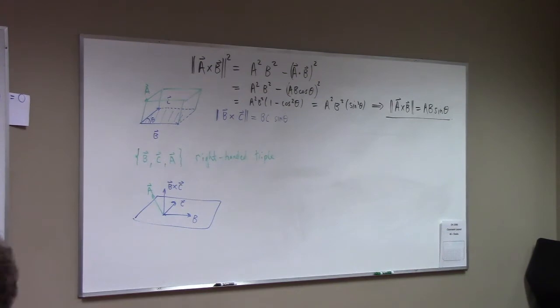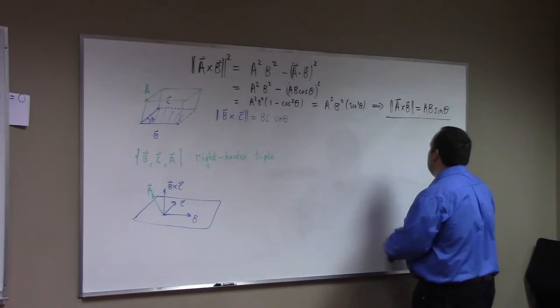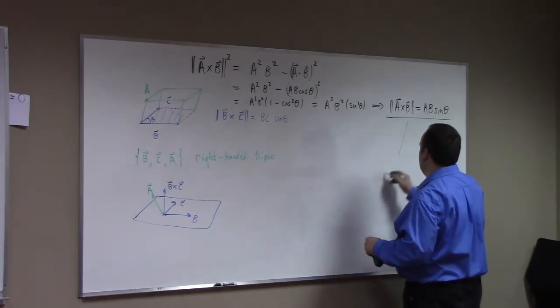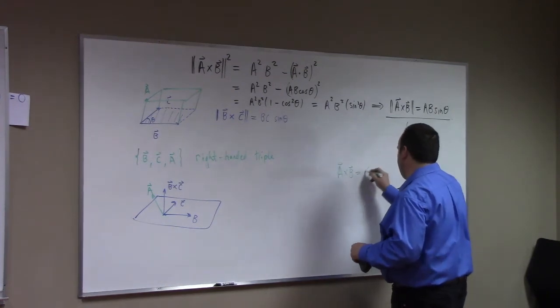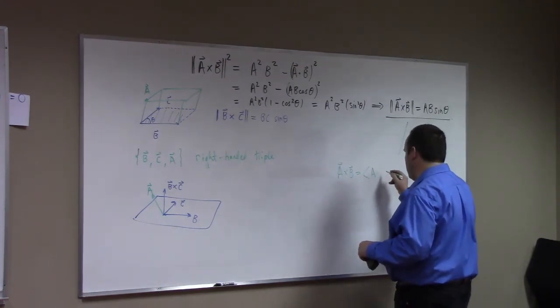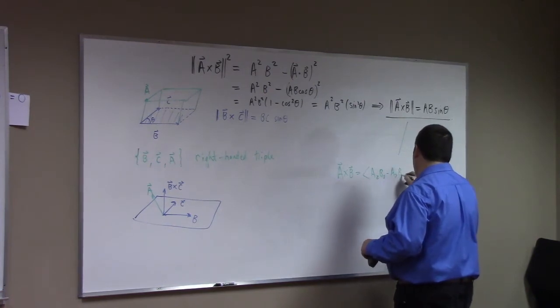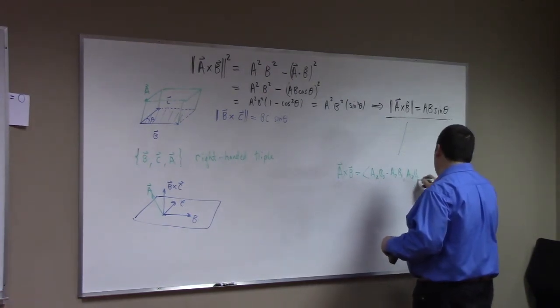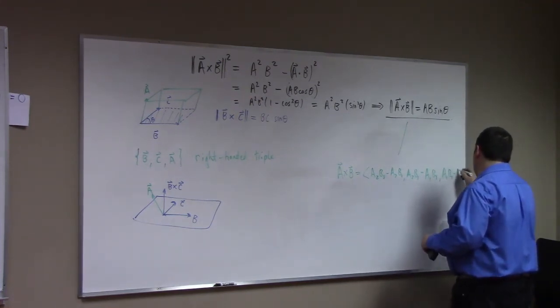It's not a trivial thing. It's not at all obvious, guys, why the magnitude of the cross product should be AB sine theta versus the definition I wrote last time: A2 B3 minus A3 B2, A3 B1 minus A1 B3, A1 B2 minus A2 B1.